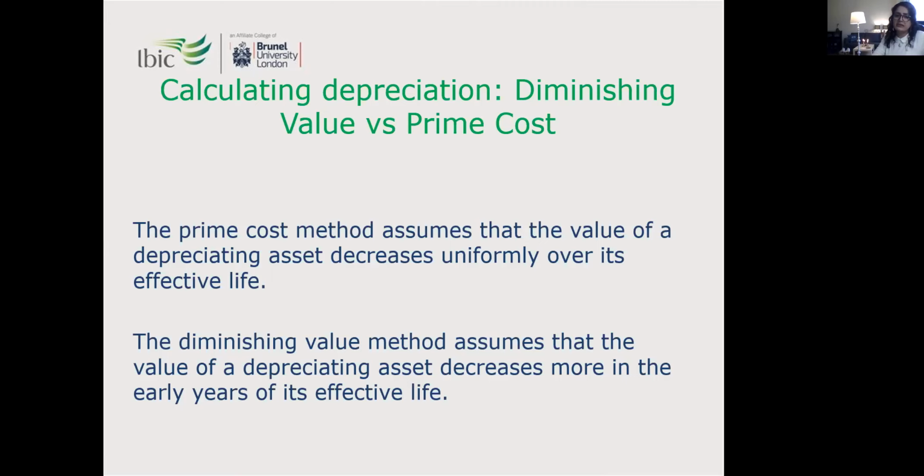We can say there are two main differences. The prime cost method is based on the assumption that the value of a depreciating asset decreases uniformly over its effective life. The diminishing value method, however, assumes that the value of a depreciating asset decreases more in the early years of its effective life.